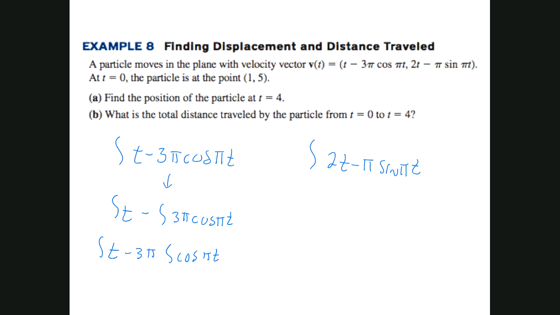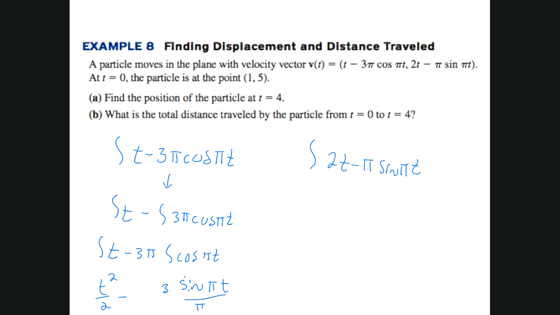Okay, so if I take the integral here, this is going to be t squared over 2 minus, and then cosine pi t. If I take the integral of cosine, that's just negative sine, isn't it? Oh, no, it's just sine. So this is going to be sine of pi t over pi, and then I have 3 pi out in front.